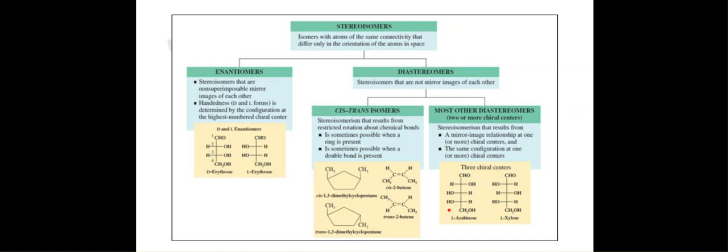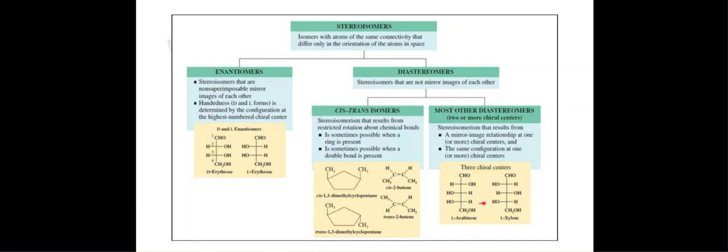So if you look down here, this is L-arabinose and L-xylose. They have the exact same molecular formula. So these are isomers of one another. But you'll see here that this one is a mirror image of that one. This one is a mirror image of that one.